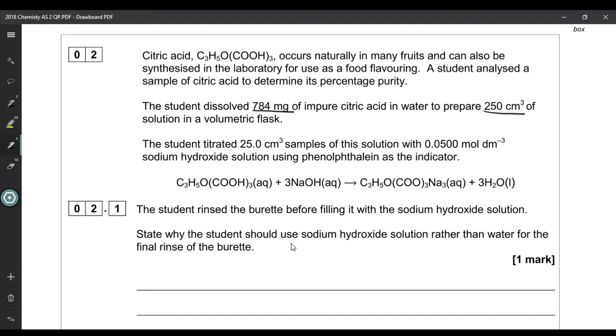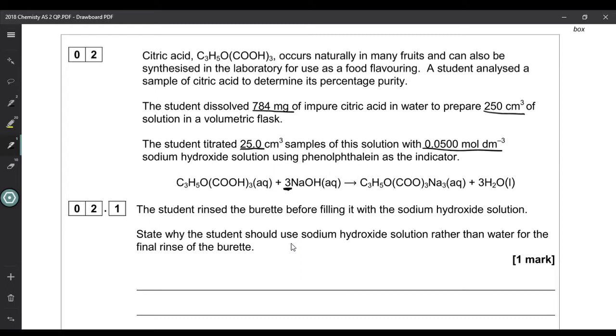The student then titrated 25 cubic centimetres of this solution with 0.05 moles per dm cubed sodium hydroxide using phenolphthalein as an indicator, and we've got an equation there. Now, thing to note here, for every citric acid it's going to react with 3 sodium hydroxides.